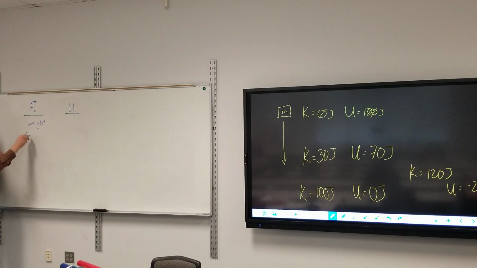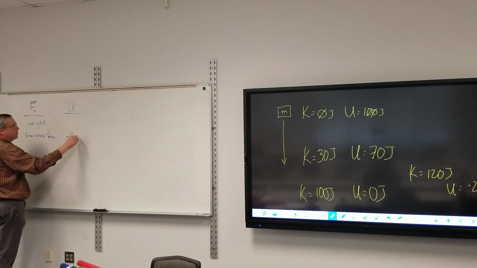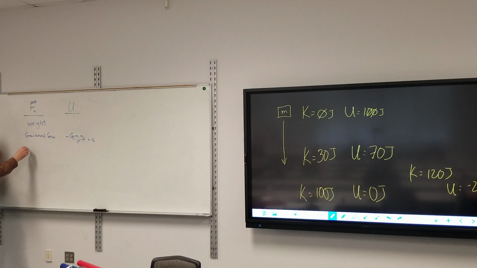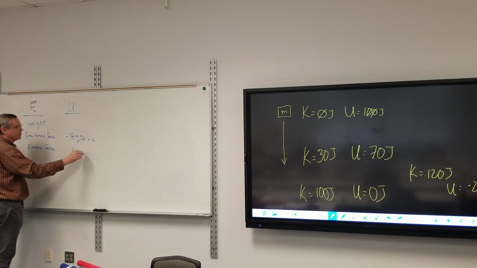The generalized gravitational force, negative big G, mass 1, mass 2 over R. The elastic force, 1/2 K delta X squared.